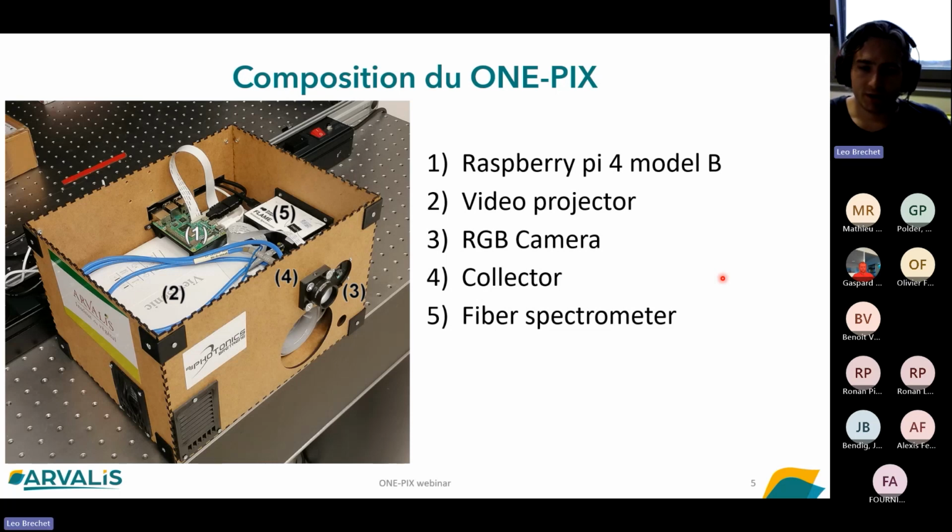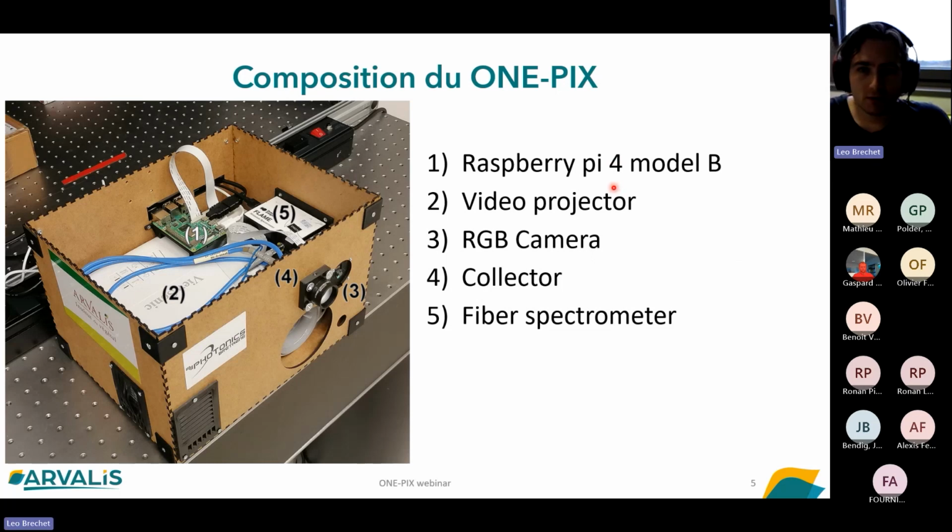There is an RGB camera to provide another modality for smart scanning, which I will mention later. Then we can see the collector that receives light and drives it directly into the fiber spectrometer that provides hyperspectral images.